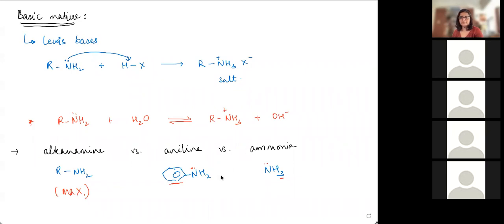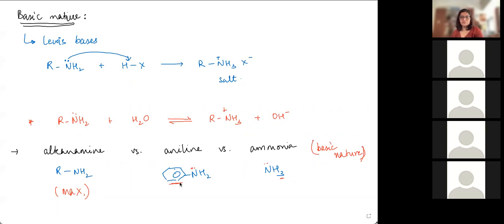Due to the presence of the benzene ring, the electrons will undergo resonance, right? So if they undergo resonance, then they won't be able to, the H plus should be free to go, right? We're talking about basic nature. Okay, taking H plus, sorry.